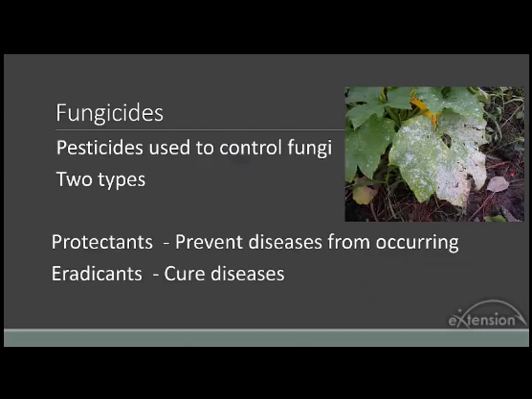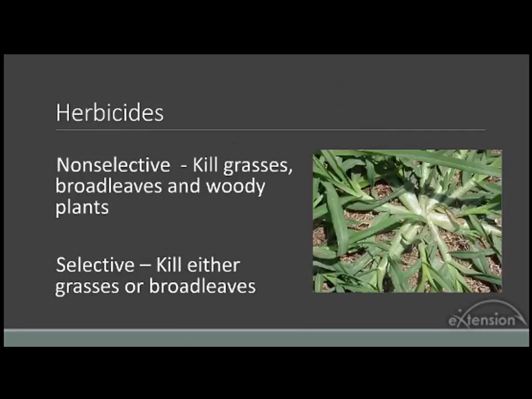These are chemicals used to control fungus, which usually causes mold, rots, or sometimes plant diseases. All fungicides work by coming into contact with the fungus because fungi can't swallow or walk across an area. And there are two types, protectants and eradicants. Protectants prevent disease from occurring, and eradicants cure disease or a fungal problem that currently exists.